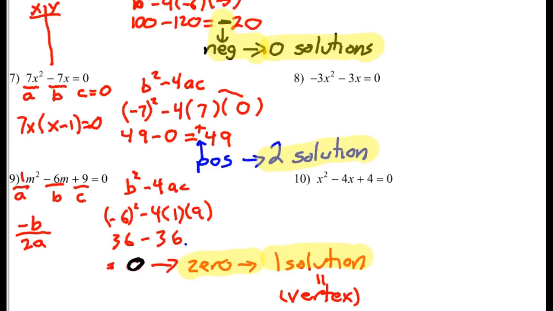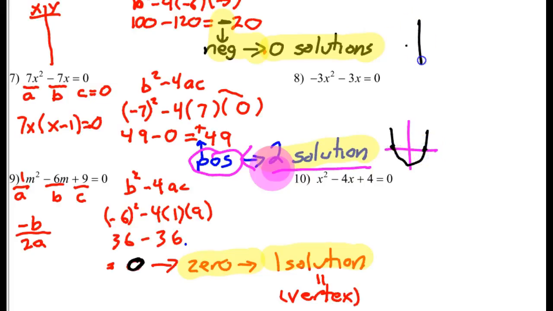We're starting with, okay, there's 2 solutions, and I'm saying, okay, therefore it's positive. I'm going the other direction than we just did. 2 solutions means positive, like this, 2 x-intercepts.